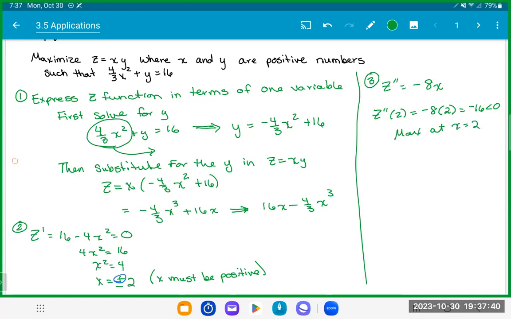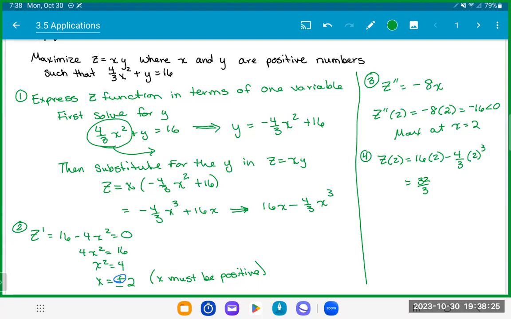So the last thing we want to do is evaluate our function at x equal to 2. We have our function evaluated at 2 is going to give us 16 times 2 minus 4/3 times 2 cubed.